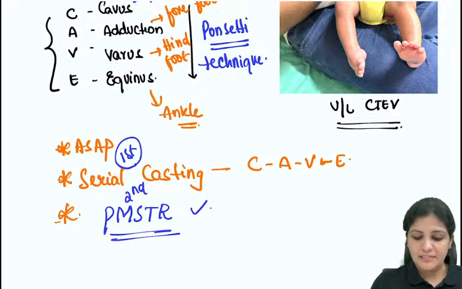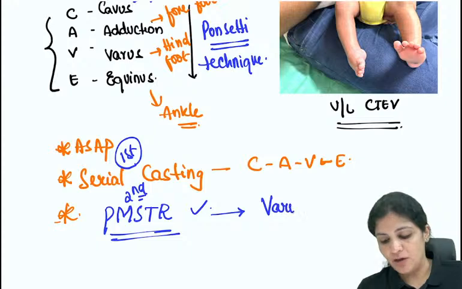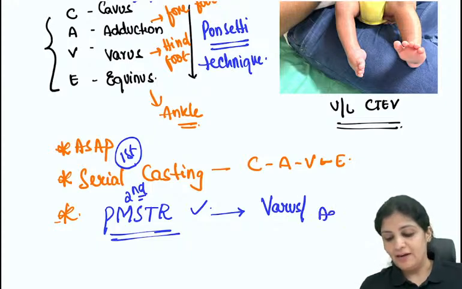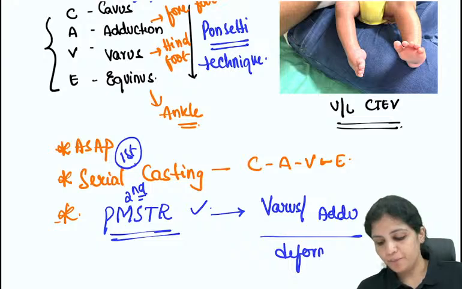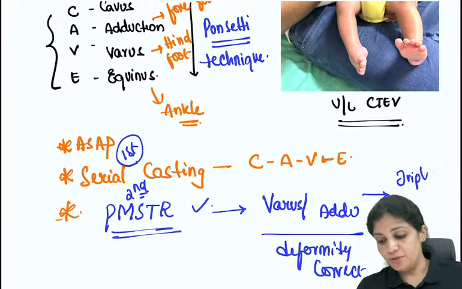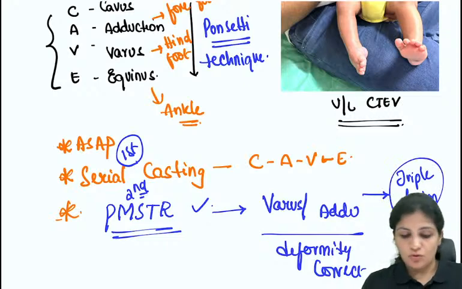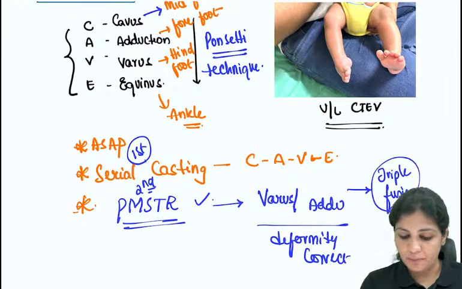Second is PMSTR. The third one is deformity correction, like you correct the varus deformity or the adduction deformity. And the last and final option, the fourth option, is triple arthrodesis. Serial casting you give probably for less than 3 years.